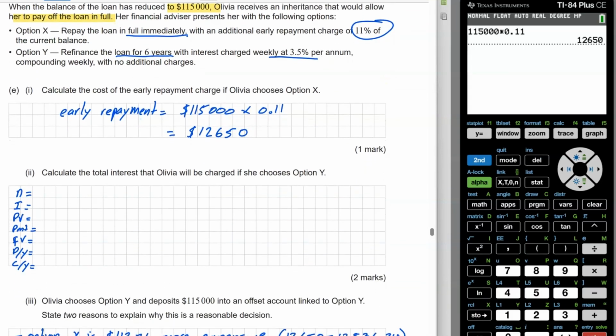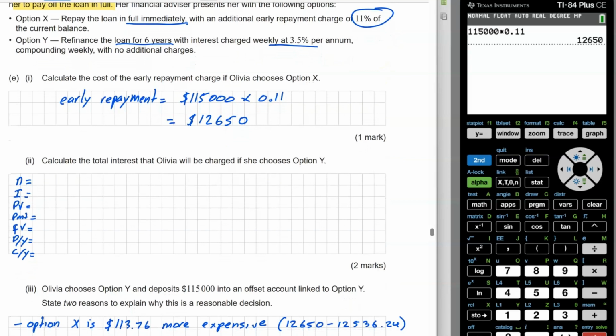Okay, then we're going to consider the other option, and then we're going to compare which one seems better. So we want to calculate the total interest here that Olivia will be charged if she chooses Y. So again, we're going to have two different ways of calculating this, and I'll do both because I know some of you will prefer one method over the other. So we're going back up to the question. We're compounding weekly.